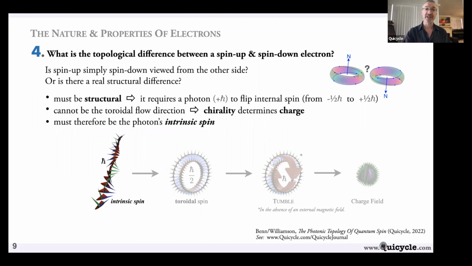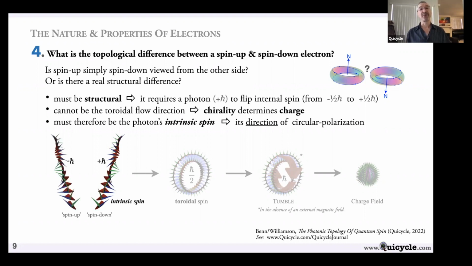So it's being suggested here that the difference between spin up and spin down is the direction of the circular polarization of the intrinsic photon that's making up the particle. Now, obviously, it's arbitrary whether we consider -h bar spin up and +h bar spin down, or vice versa. It's just a relative state.